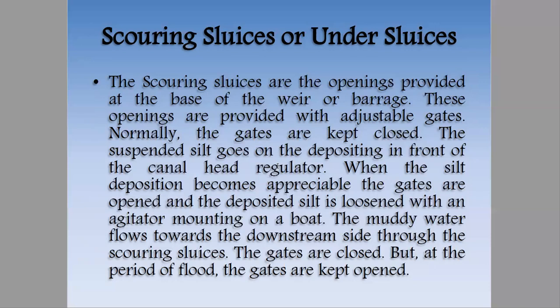Okay, so scouring sluices are the openings that are provided at the base of the weir. Where do we provide this? We just provide it at the base of the weir.